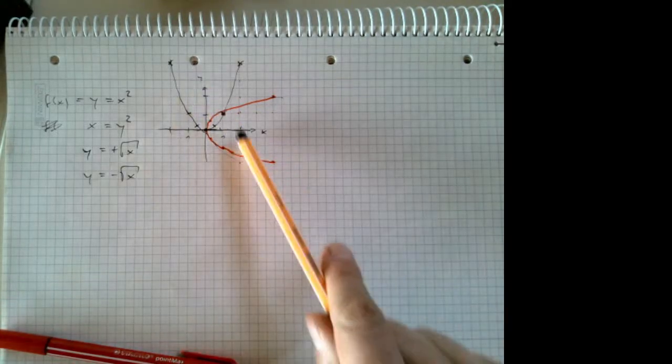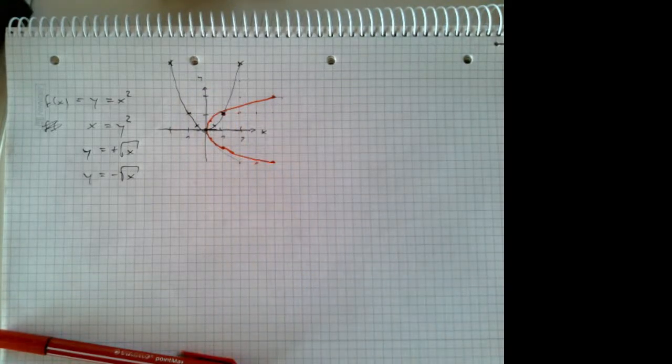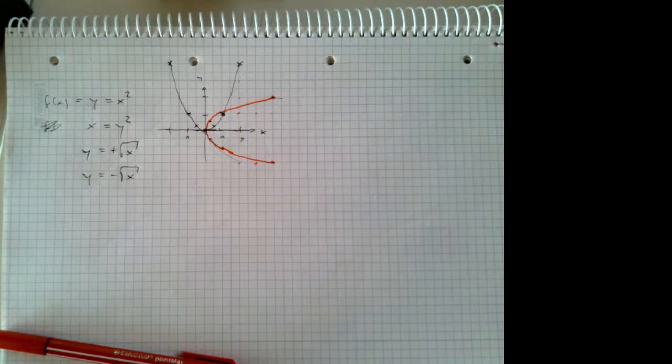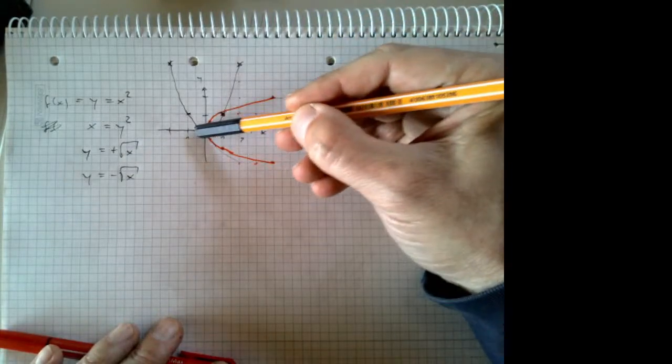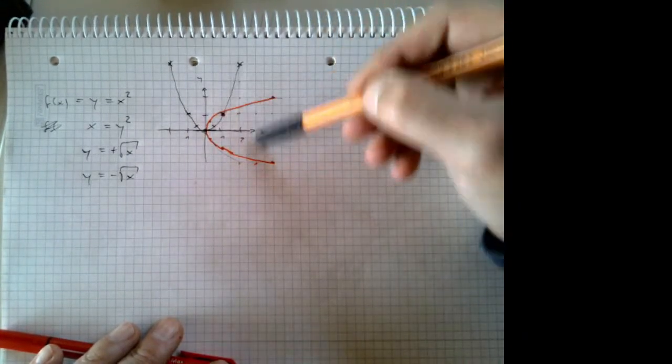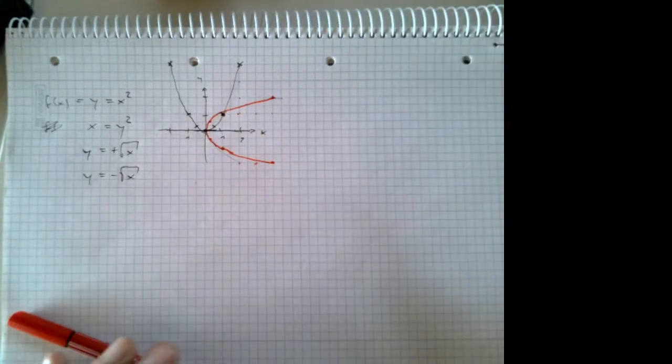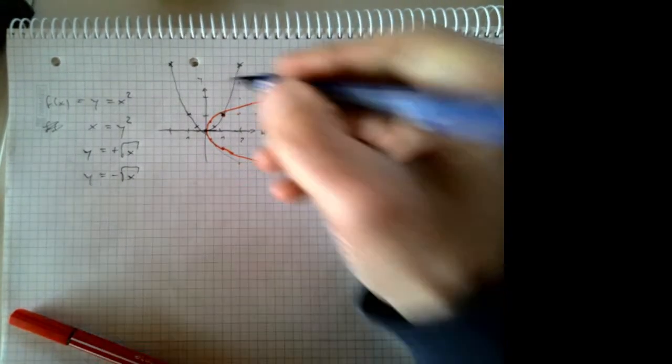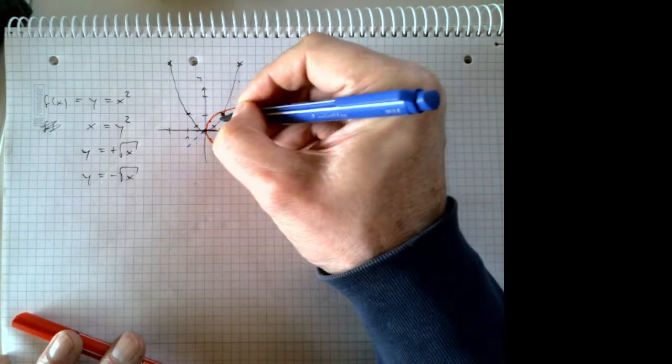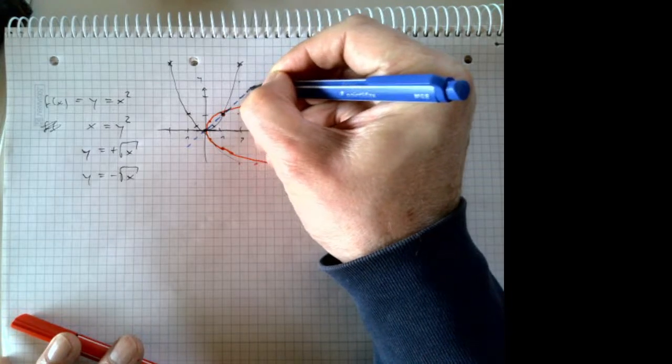Okay, but if you look at these graphs, how are they related? I would say you can say rotate, but no, they are not really rotated, they are mirrored. Because when you rotate this positive branch here, you would end up here. What you do is you are mirroring it about this axis.